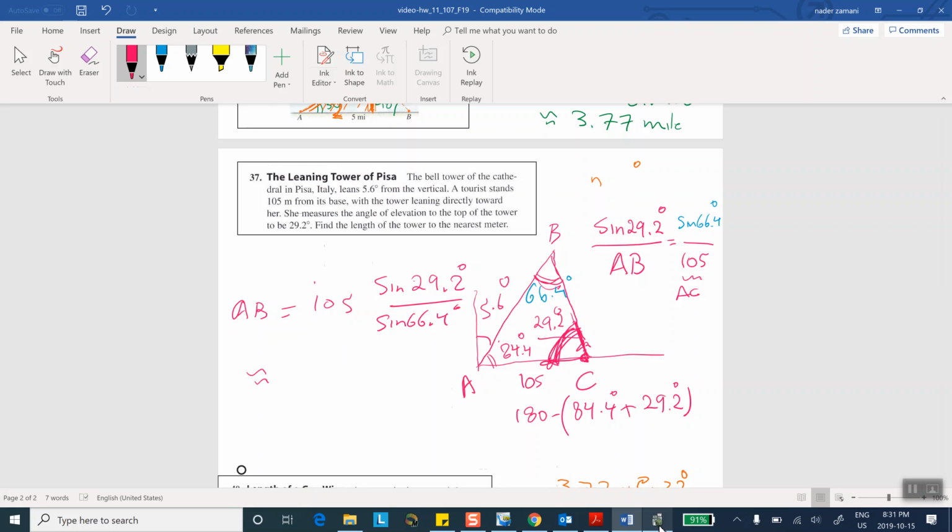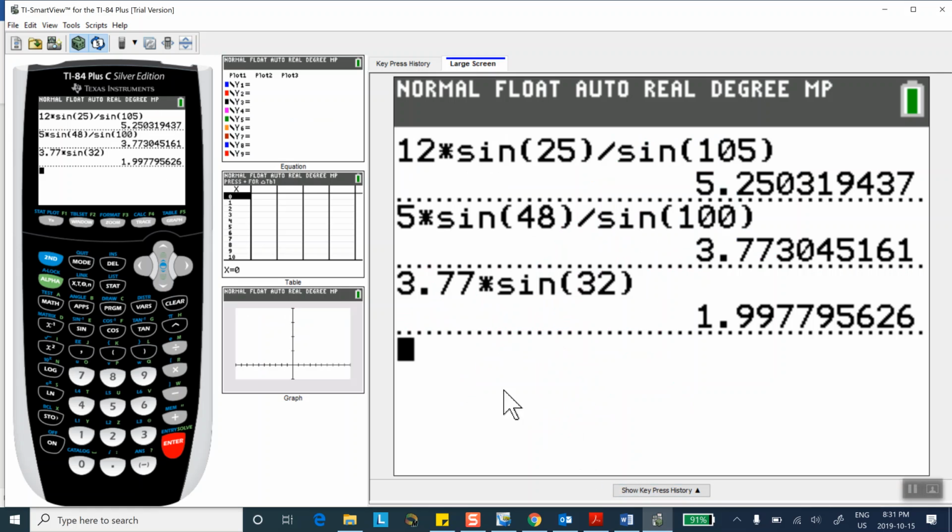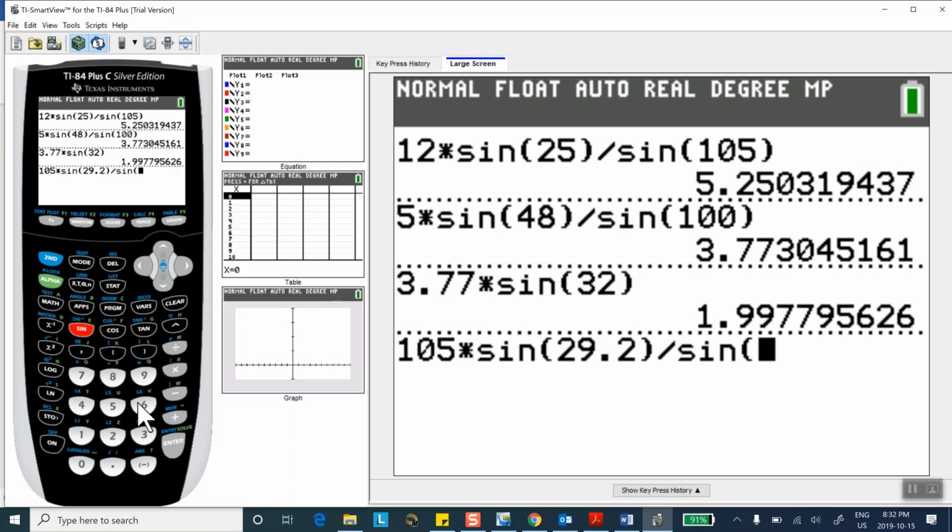Okay, so we go here, 105 times sine of 29.2, close the parentheses, divided by sine of, I think it says 66.4, right? 66.4, and isn't that what you came up with?